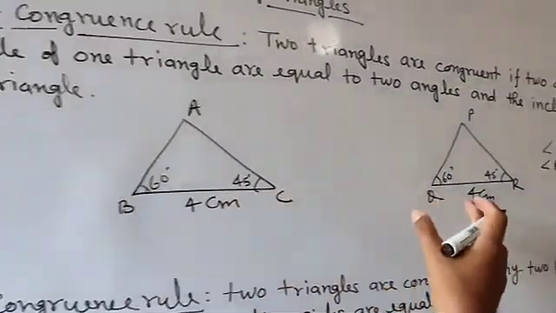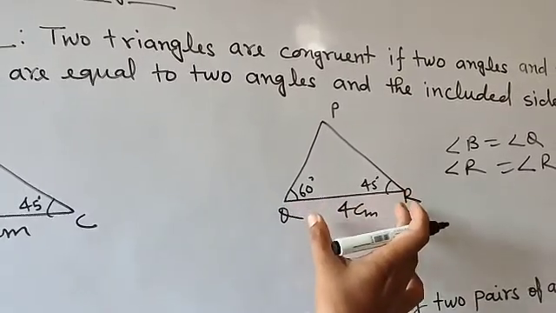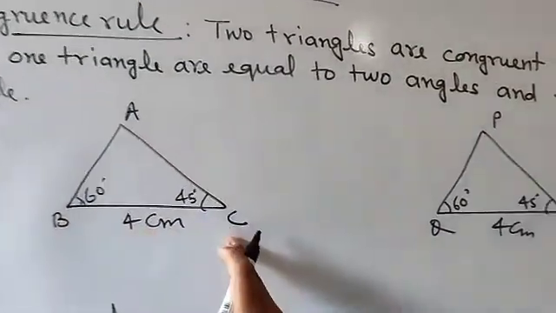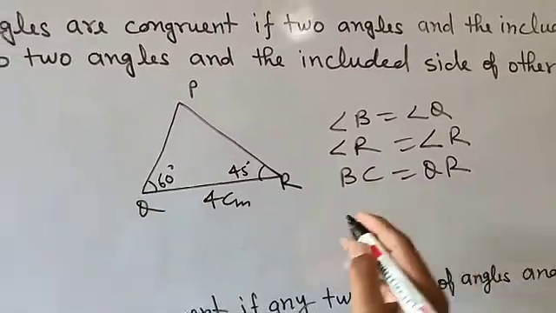So BC should be equal to the side on which the two angles are formed in the other triangle. It means BC should be equal to QR.